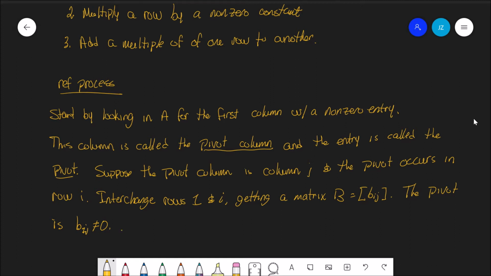Now multiply the first row of B by 1 over B1J. This will give us a matrix C.